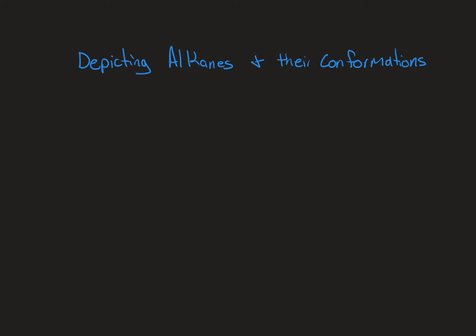In today's video, we're going to go over several different ways to depict alkanes and their conformations. As you're drawing alkanes, it's important to remember that your drawing is depicting a three-dimensional structure that really exists. And so you want to make sure that you're maintaining appropriate bond angles.